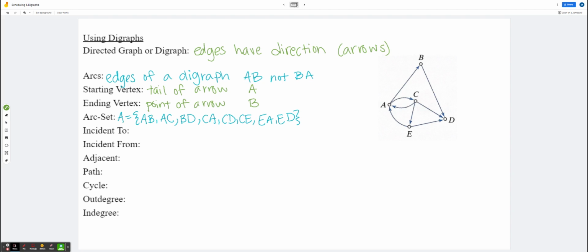We can say that when looking at arc AB, A is incident to B. This means that from A, we can go to B. Similarly, looking at the arc AB, we can say B is incident from A, meaning we can get to B from A.